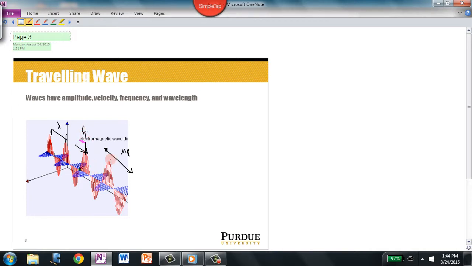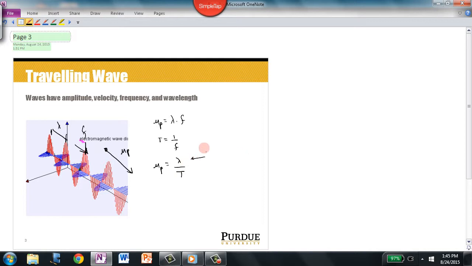And the relationships for the electromagnetic wave, as we know, are v sub p is equal to wavelength times frequency, or since period is equal to 1 over frequency, we can make the substitution that the propagation velocity of the electromagnetic wave is equal to wavelength divided by period.